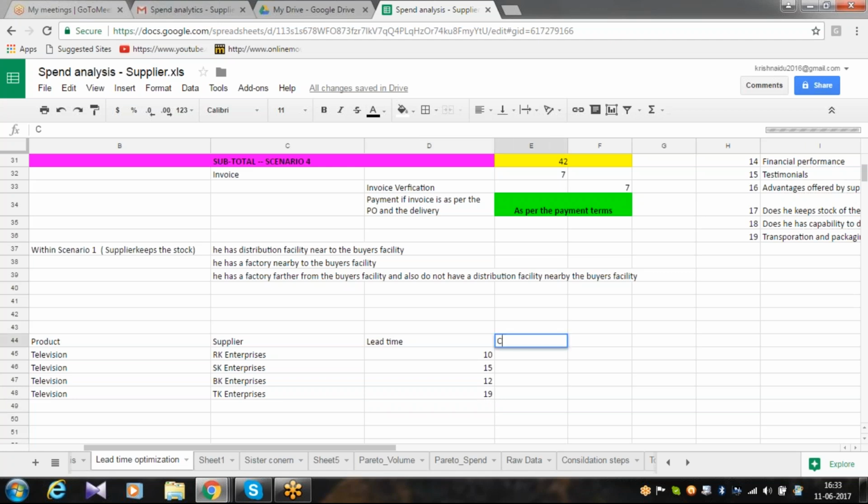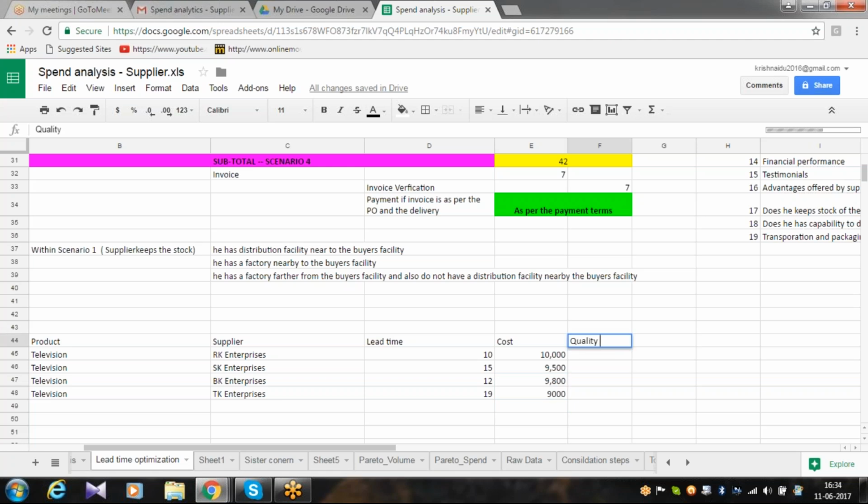I'll say the cost. Cost for him is, suppose, let me say 10,000 rupees. For this it is 9,500 rupees. For this it is 9,800 rupees. And this is 9,000 rupees. Okay.